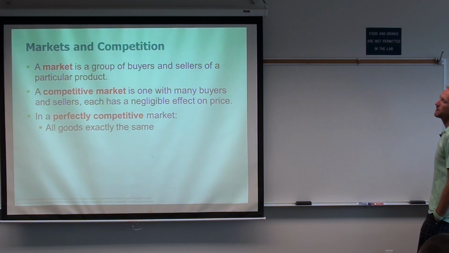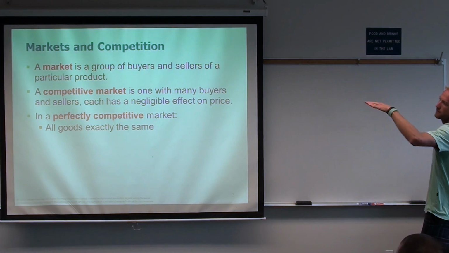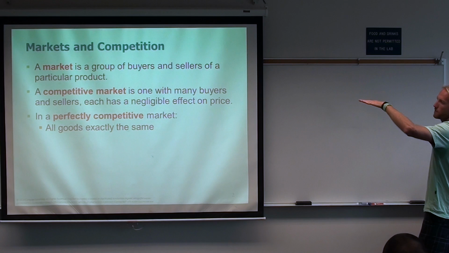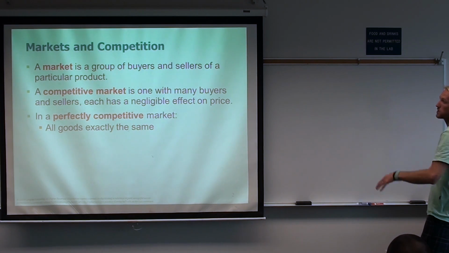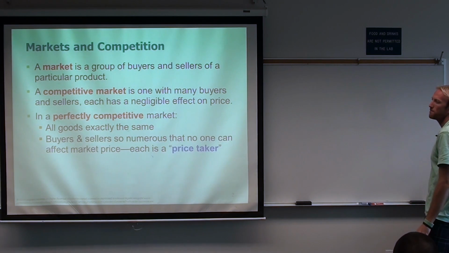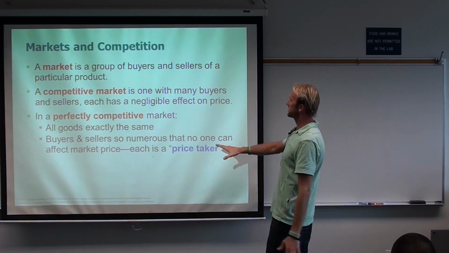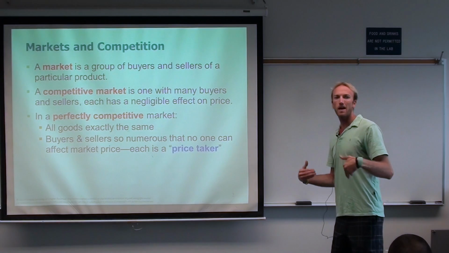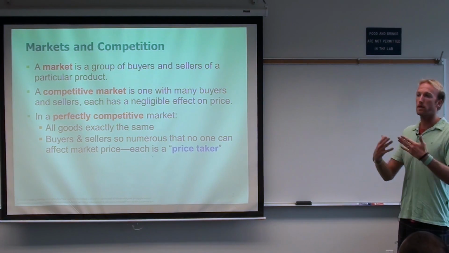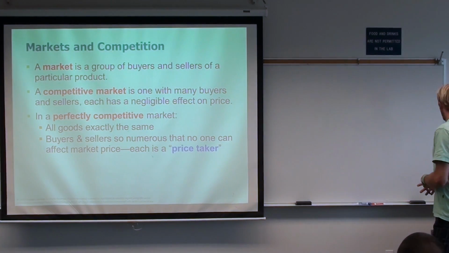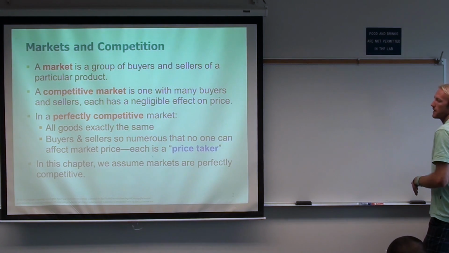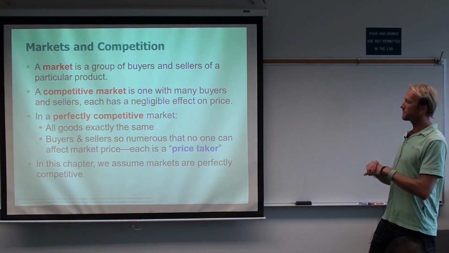A perfectly competitive market is like all the assumptions for competitive taken to perfection, right? All goods are exactly the same. Buyers and sellers are so numerous that no one can affect the market price. Everybody's known as a price taker. They're not allowed to set the price or be a price maker. They're having to take the price as fixed.